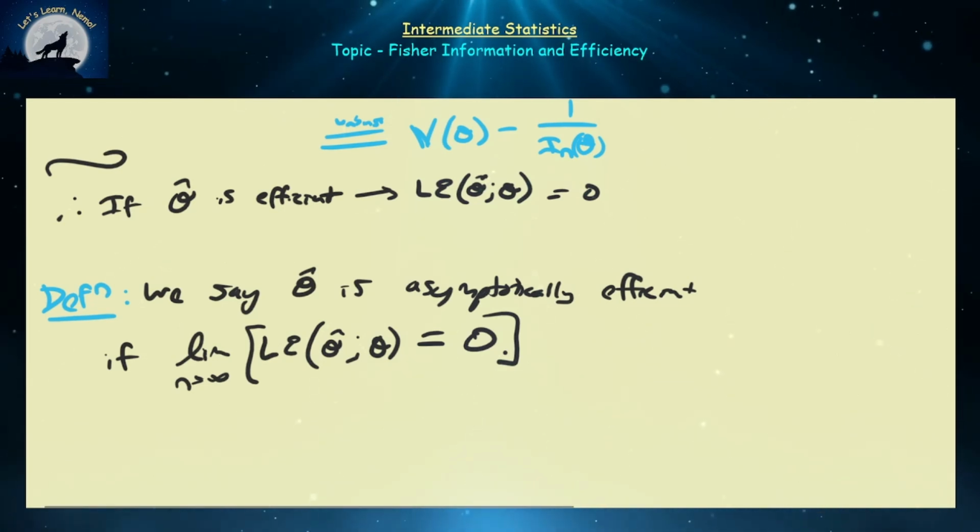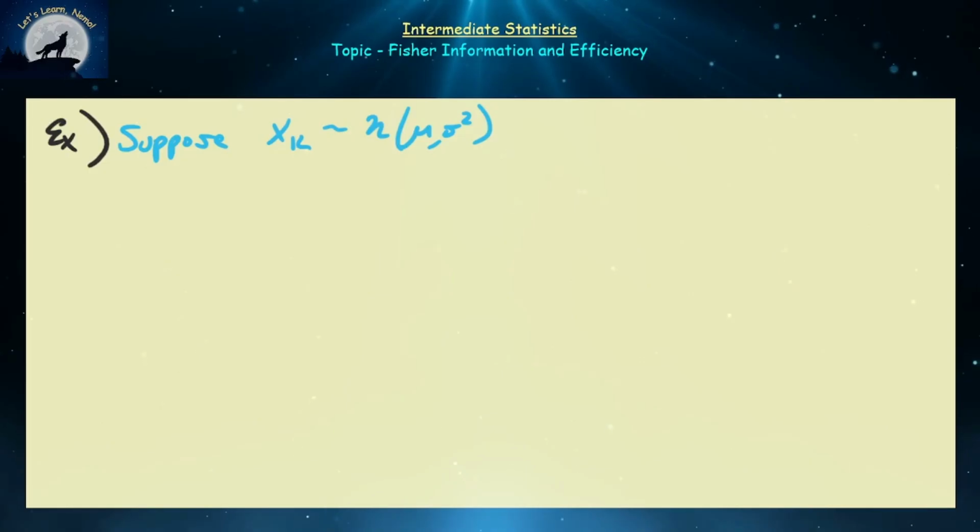Now let's do a brief example on how to illustrate this. So let's suppose that we have a sequence of independent, identically distributed, normal(mu, sigma squared) random variables. And let's assume that somebody asks you, can you find the maximum likelihood estimator for mu and sigma squared? By this time, you should be able to answer yes, of course. So you might remember that mu hat MLE was equal to x bar.